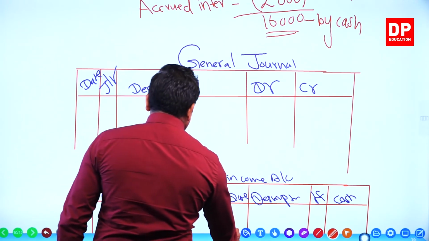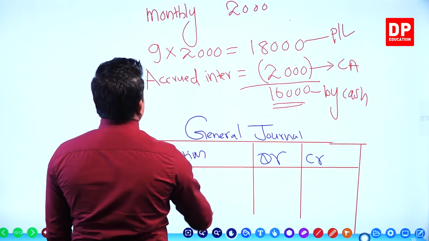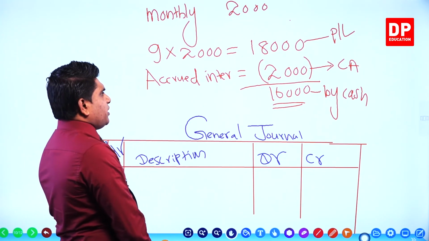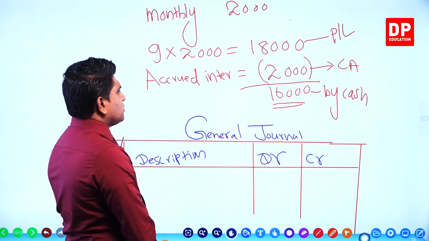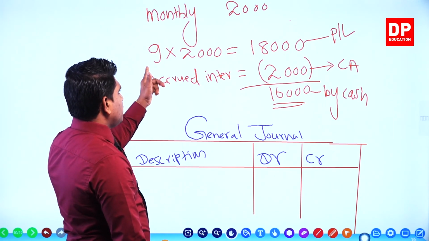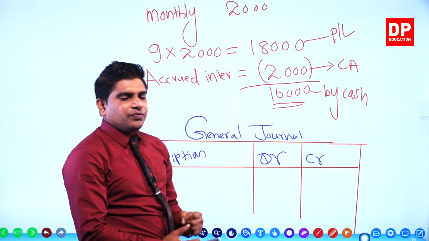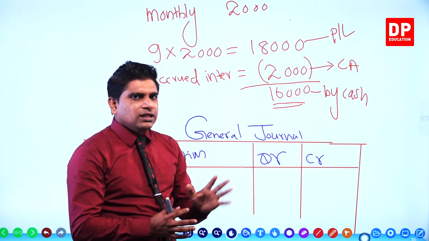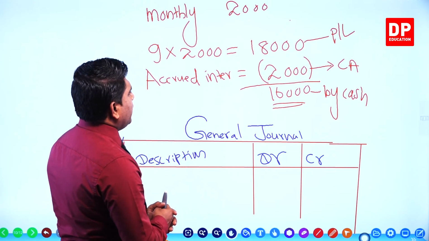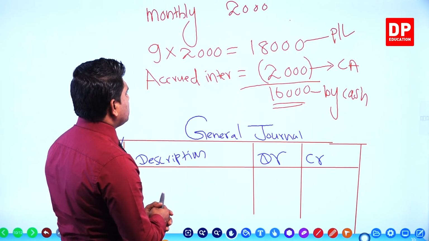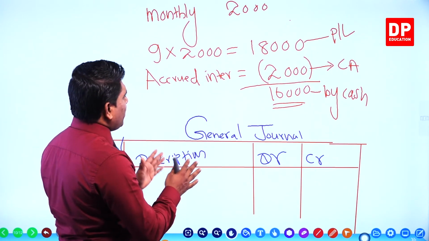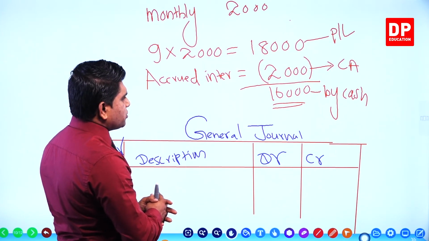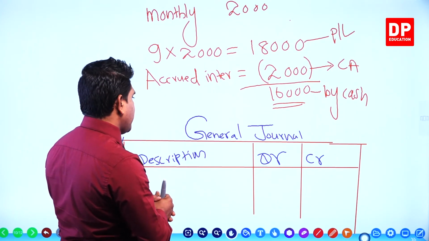Now see the details. You have done the calculation. The total income to be received for the year is 18,000.